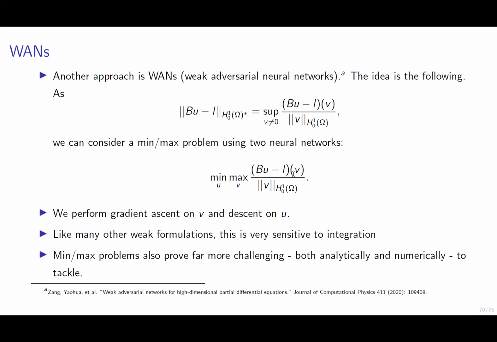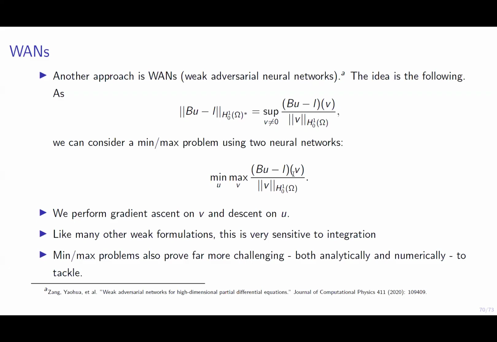What we want to evaluate is this dual norm, which for the particular problem that I have is a very good representation of the error of my solution. It is defined by a maximization principle: I maximize the action of my residual on the test space divided by the norm.